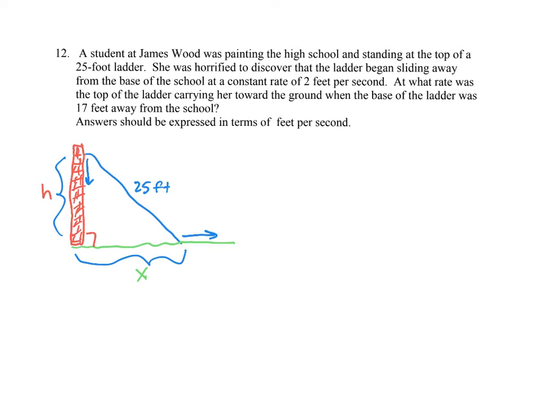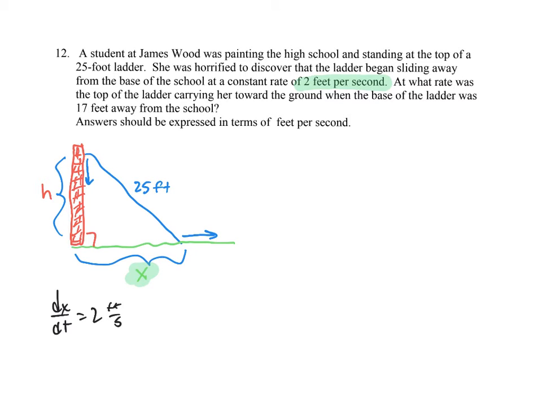Okay, now that I've established my variables, let's get some information down here. The ladder is sliding away from the wall at 2 feet per second. That's a rate, that's a derivative, and that's actually the derivative that goes along with x. So that is dx/dt. So I know dx/dt is positive 2 feet per second.